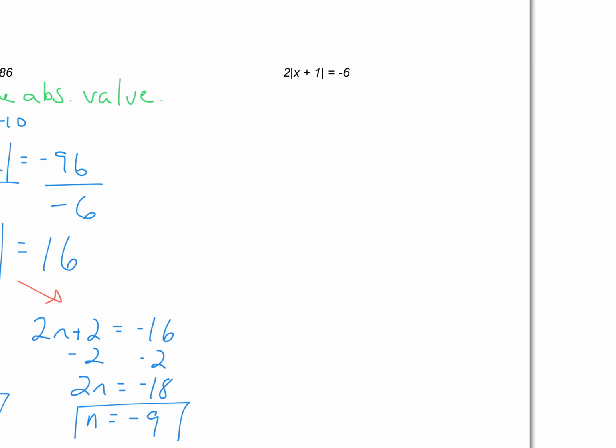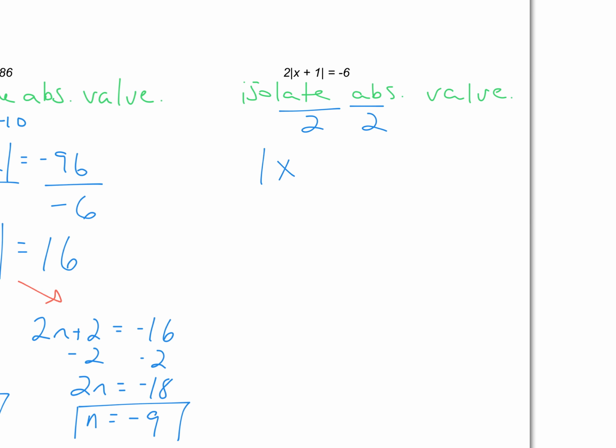Let's look at this last one. Again, we don't have the absolute value isolated. So another note, let's isolate the absolute value. To isolate this, I need to divide by 2.